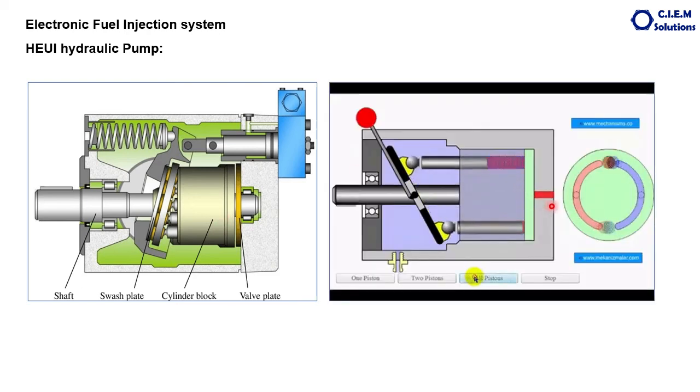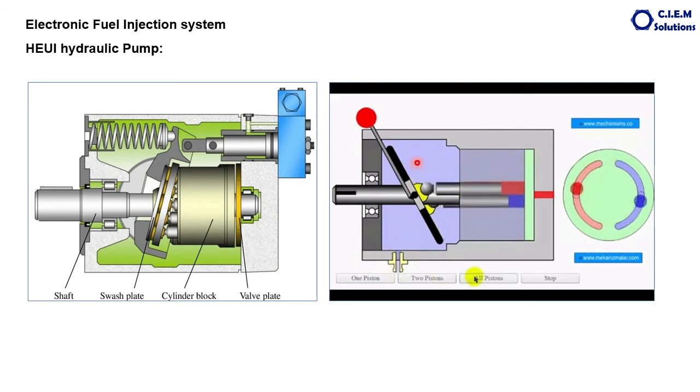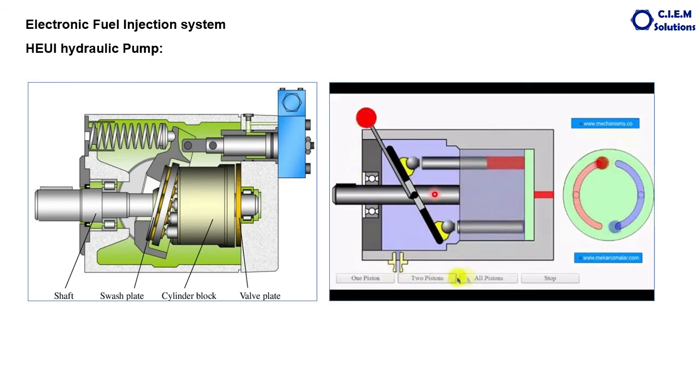You can see how it's working. This is the suction zone, this is the delivery zone. The blue line indicates the sucking of the oil. There will be 9 to 11 pistons depending on the model, and the shaft will be rotating. Here, for illustration purposes, only 2 pistons are shown, but there will be 9 pistons.